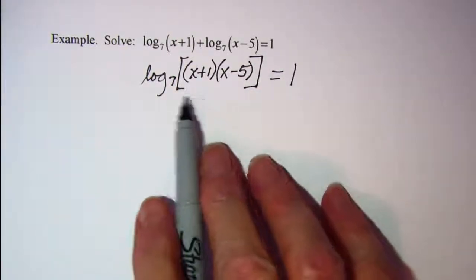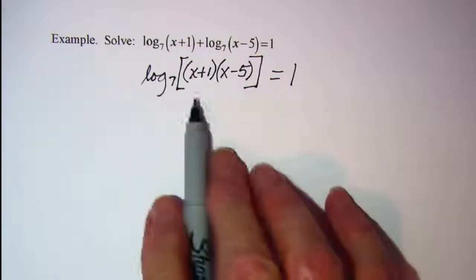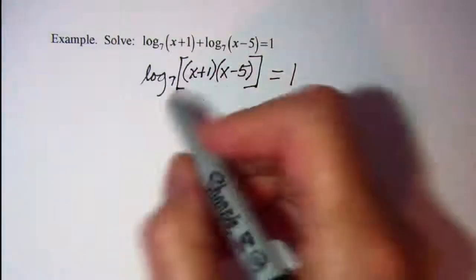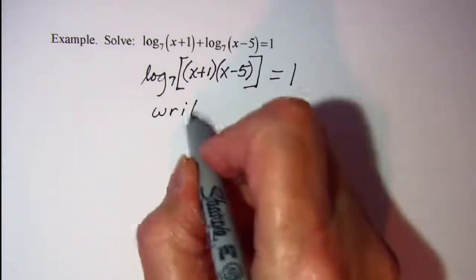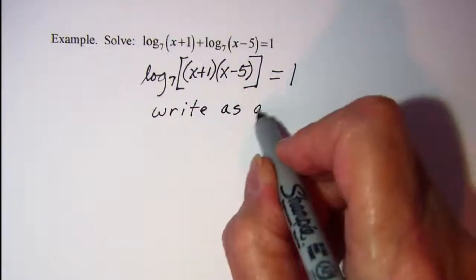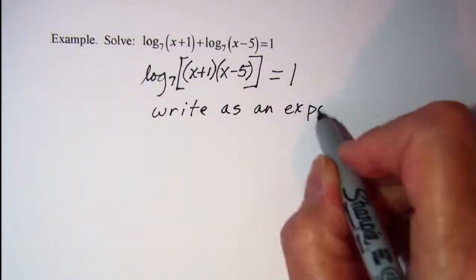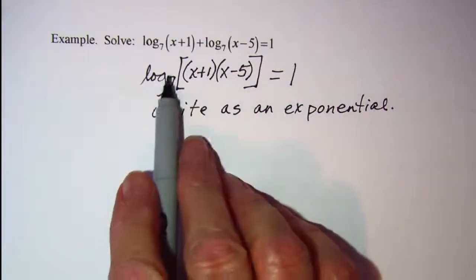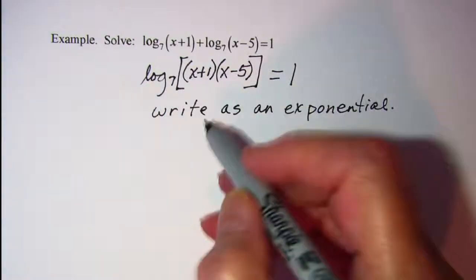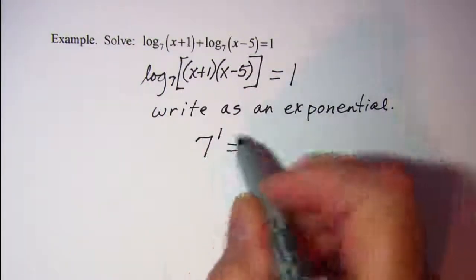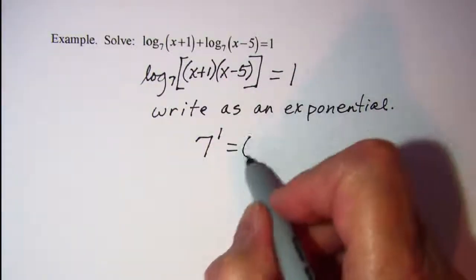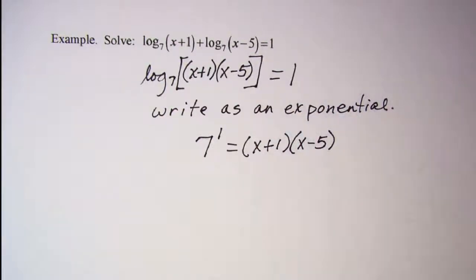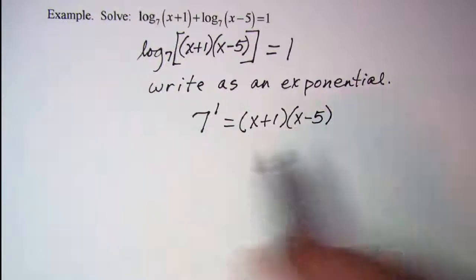Now we can notice that this logarithmic equation only has a logarithm on the left side, not on the right side. So we need to write this as an exponential. So that means that 7 raised to the first power is equal to the argument. 7 to the first power is 7.